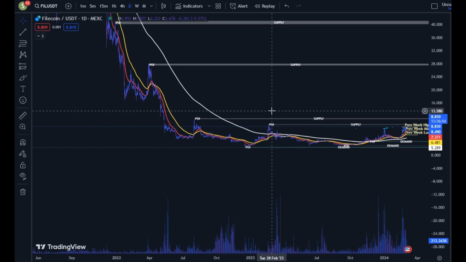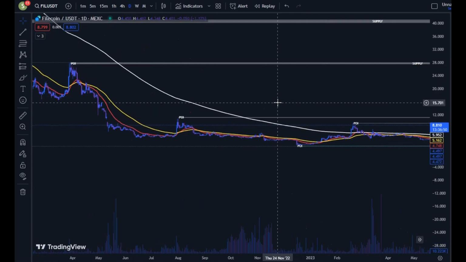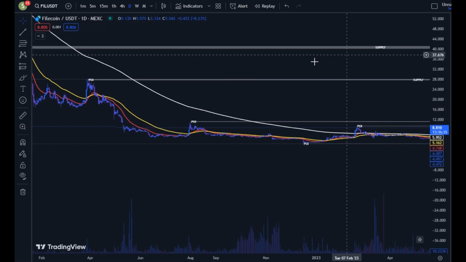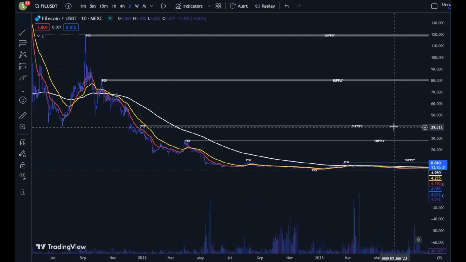And then from there, you haven't really got much resistance again. Possibly $15. And around $17, $18. And if it continues its bullish momentum, you could see $28. We've got all-time highs here.